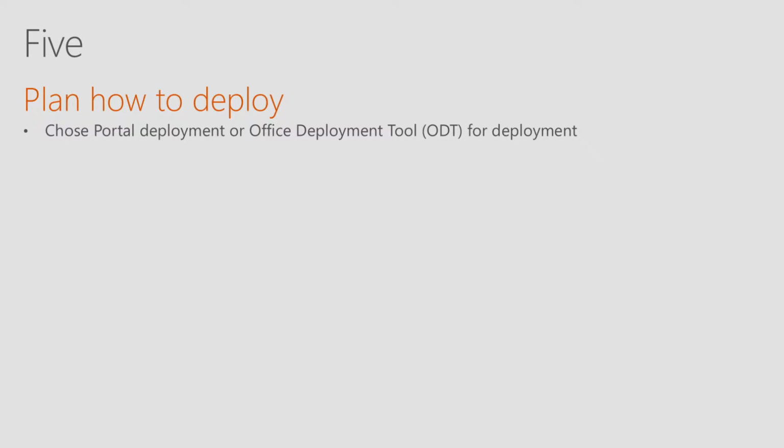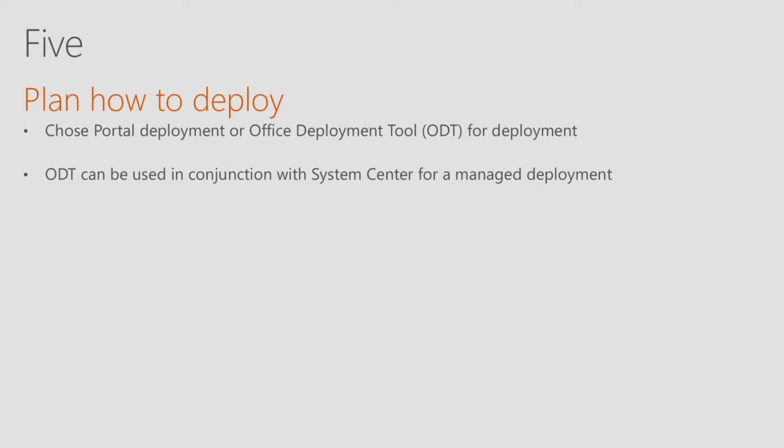On the other side of it, you can use the Office deployment tool, which allows you several different customizations where you can decide if the updates will be local or from the cloud, if Office will be installed from the cloud or it will be installed locally from a local source, what kind of logging you will have, what kind of UI the user will see. All of those customizations can be done through the deployment tool.